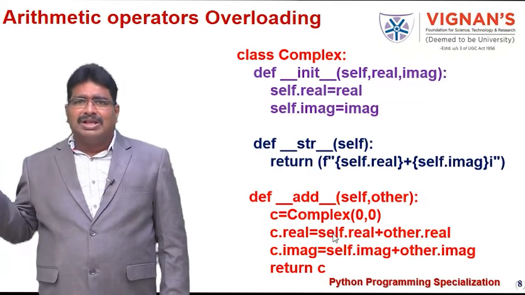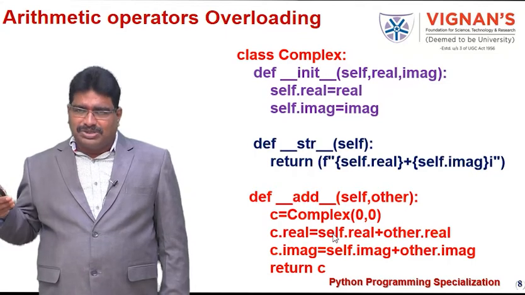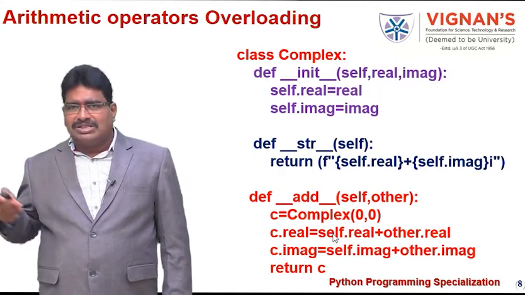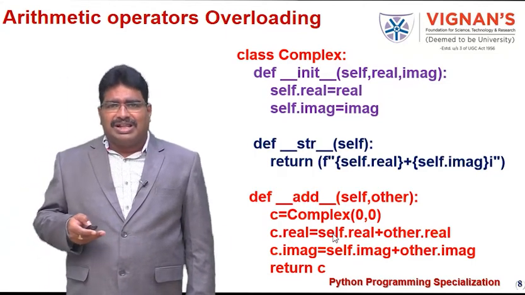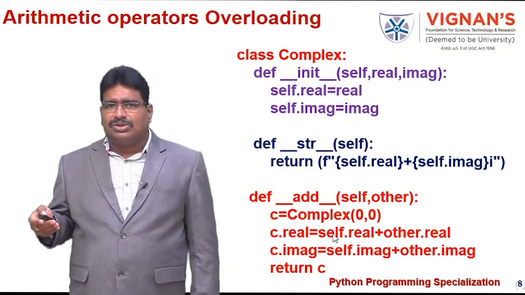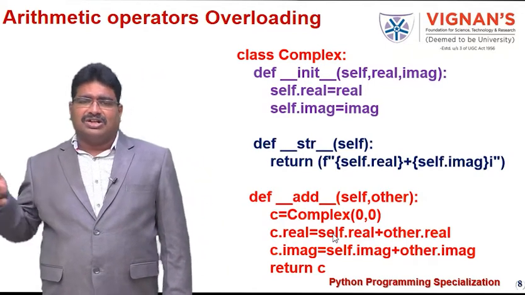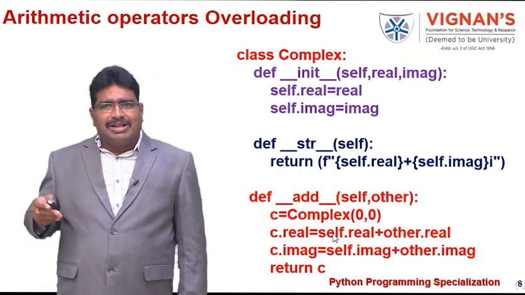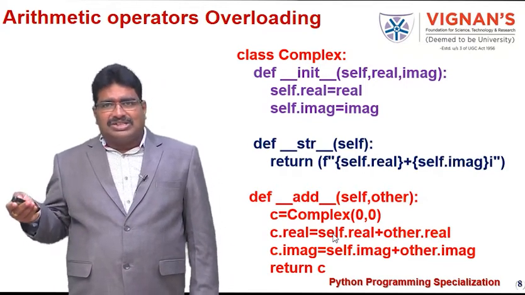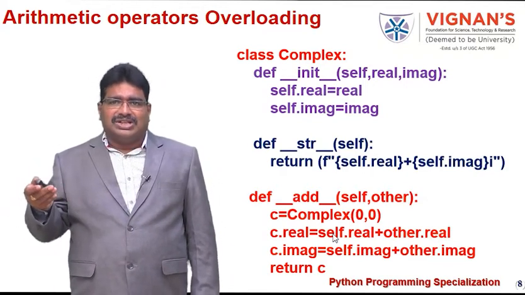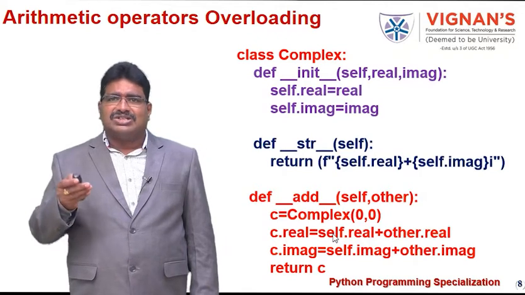That is, C is a complex object whose real value is 0 and imaginary value is 0. Now we assign C dot real is equal to self dot real plus other dot real. That is, the other object's real value is added to the current self object's real value, and the result is assigned to C dot real.